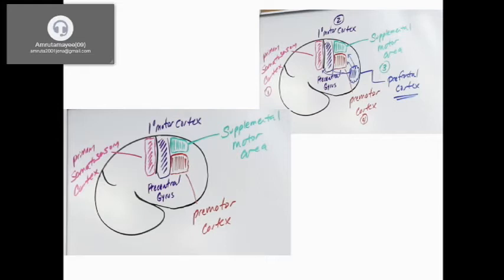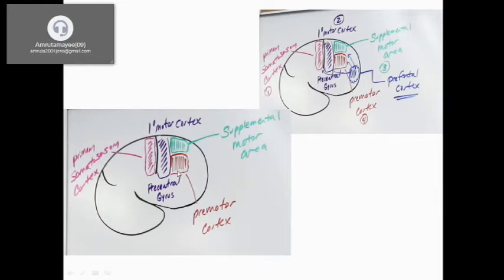Likewise, as we have seen in ascending tracts, all the information from the environment goes to the primary somatosensory area. This primary somatosensory cortex gathers the information and gives it to the primary motor cortex in blue color, and to the supplementary motor area in green color.